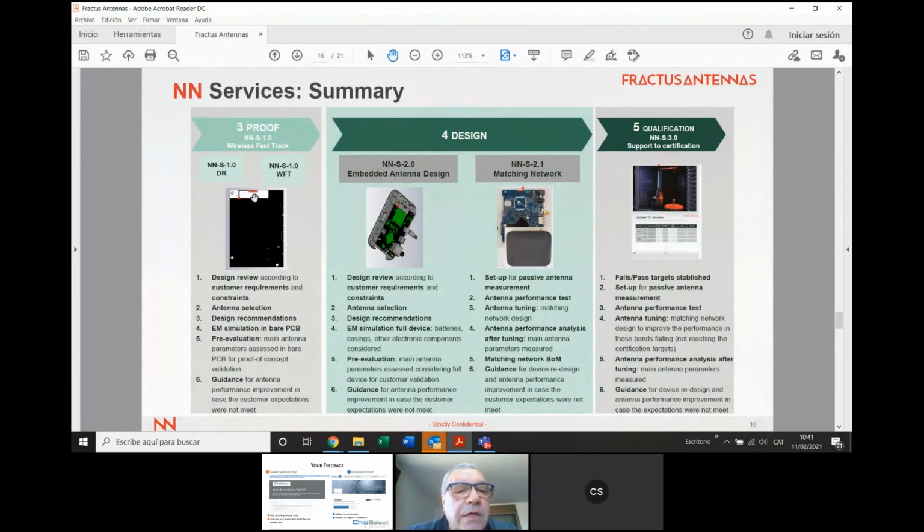Notice that we always locate the antenna perpendicular to the longest side, and we are recommending the feeding line, the matching network, and the location of the RF module. All of these basic recommendations are given in the first analysis of the device, only on a bare PCB, not with the other components. Okay, good.